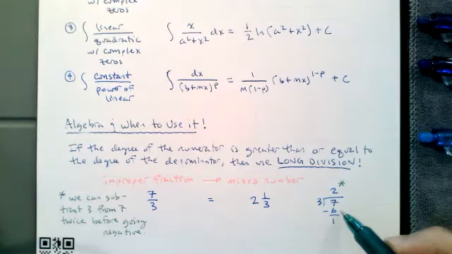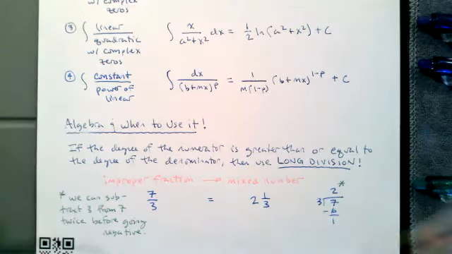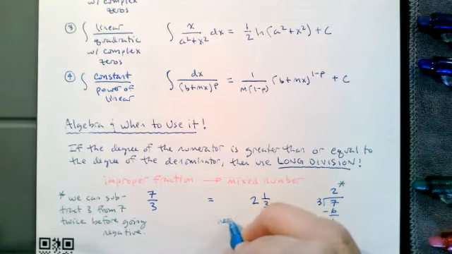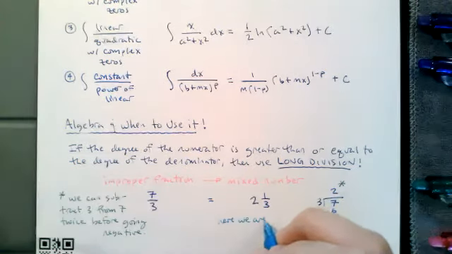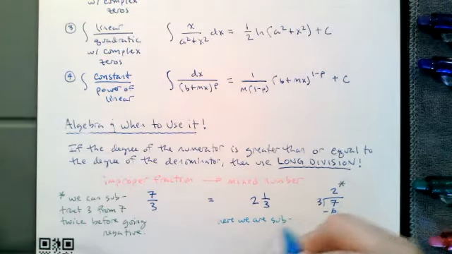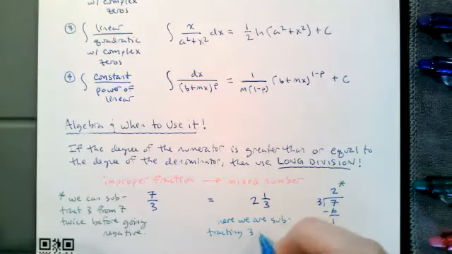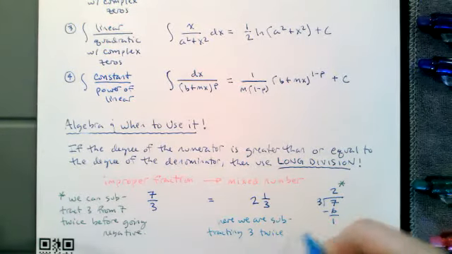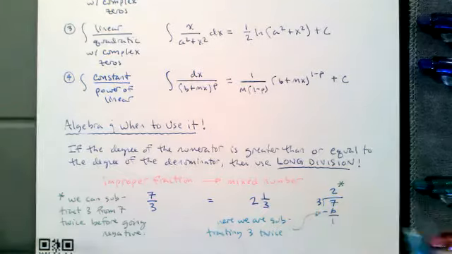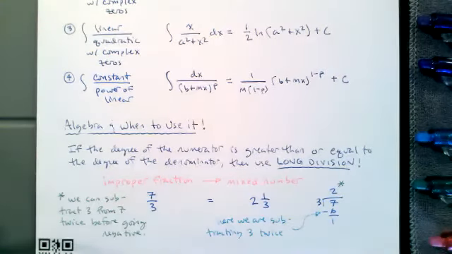And so that's what we do. Here we are subtracting 3 twice. That's what that minus 6 is about.